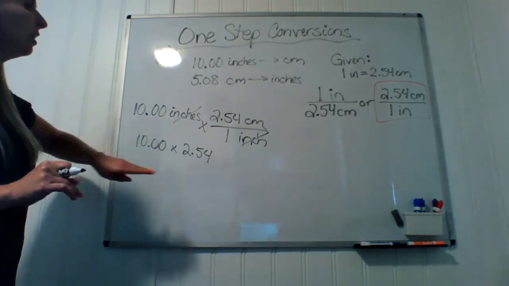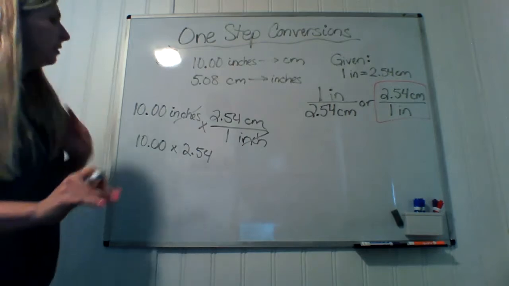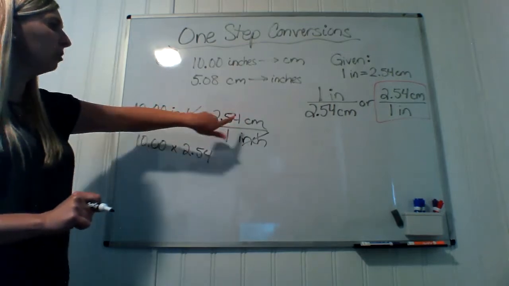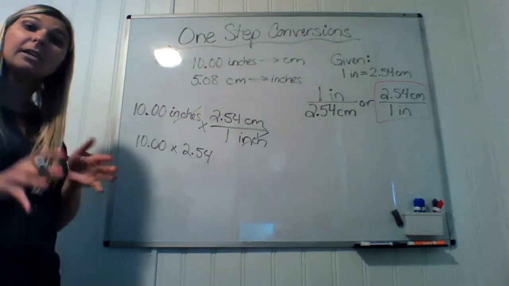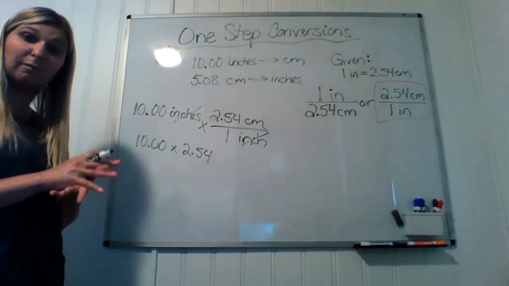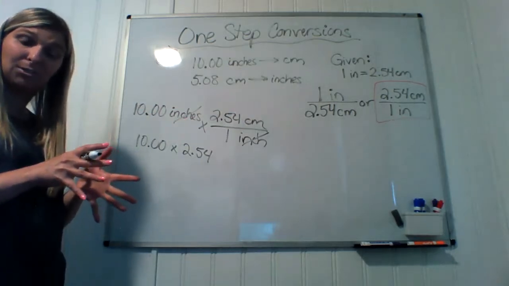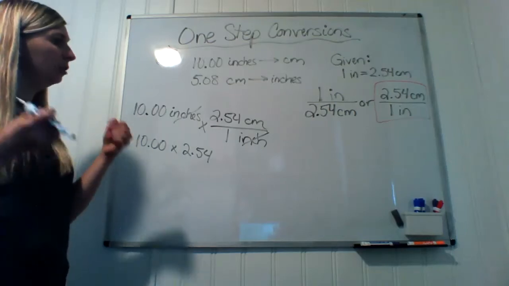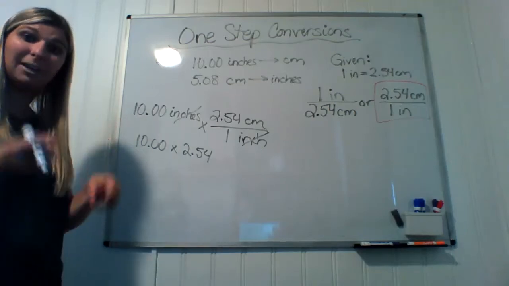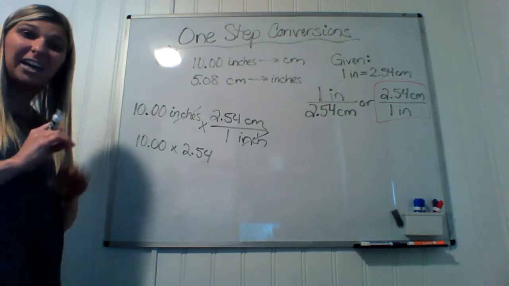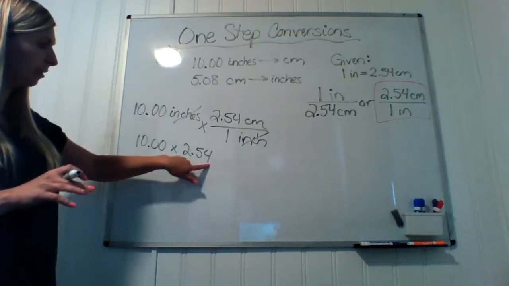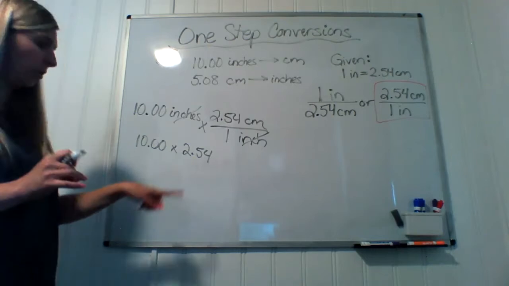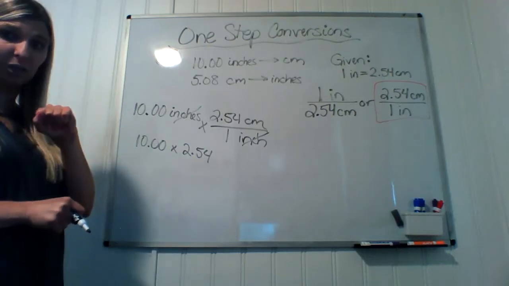Okay, so now let's think about significant figures. 1 inch equals 2.54 centimeters is a definition, as we've mentioned, with exact numbers. So if something is a definition, then the number of significant figures is considered infinite. So they will not be considered in your calculation here.